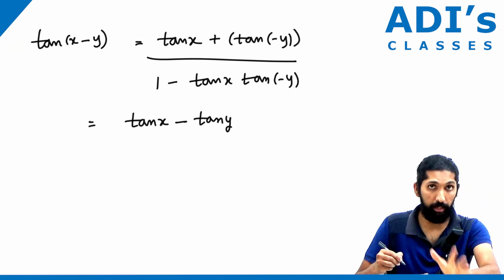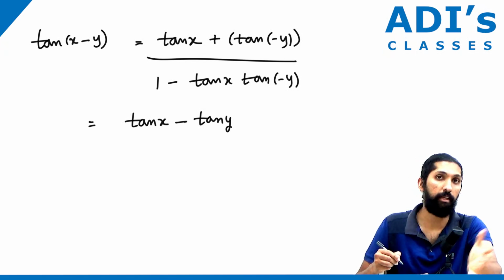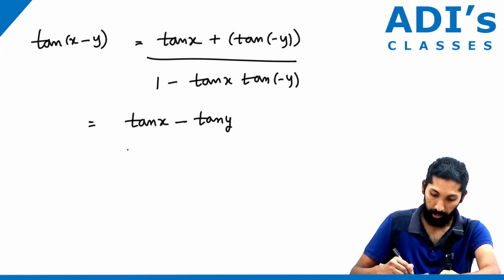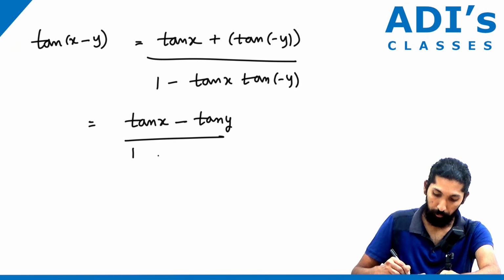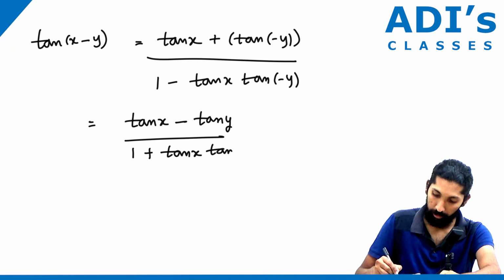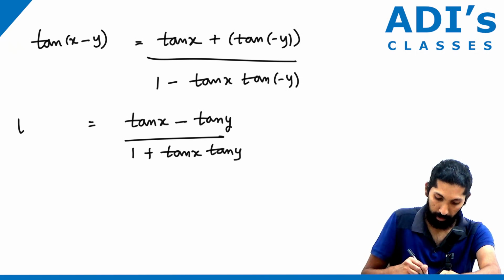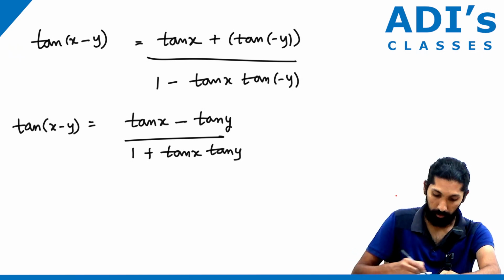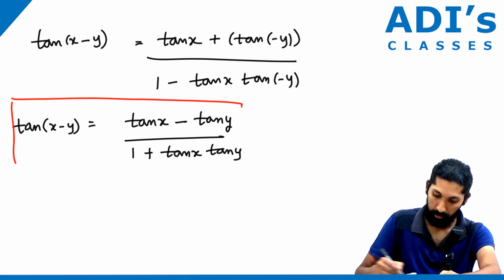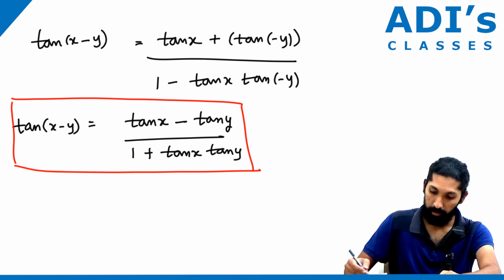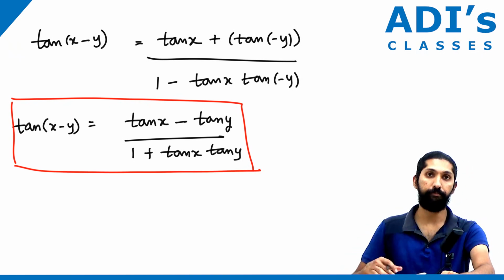Do you remember tan of minus theta is minus tan theta, right? Divided by 1 plus tan x into tan y. This is going to be tan of x minus y. So the final answer is going to be this. This is tan of x minus y.